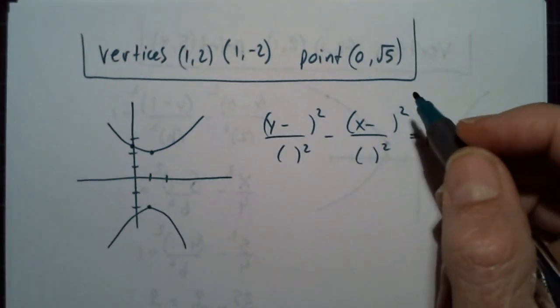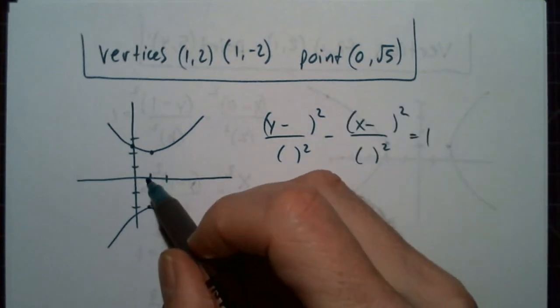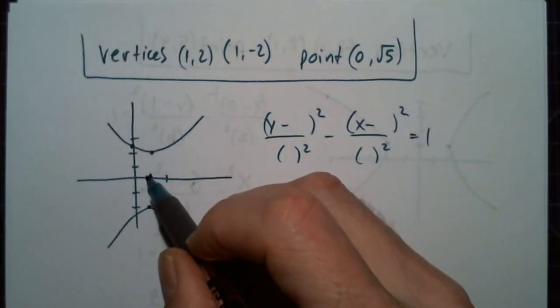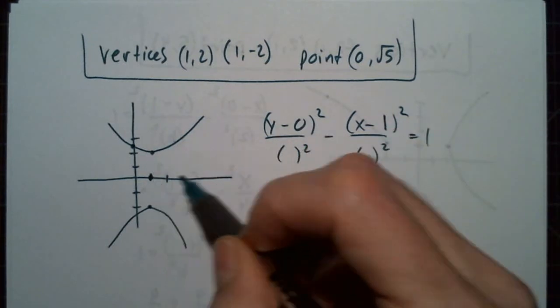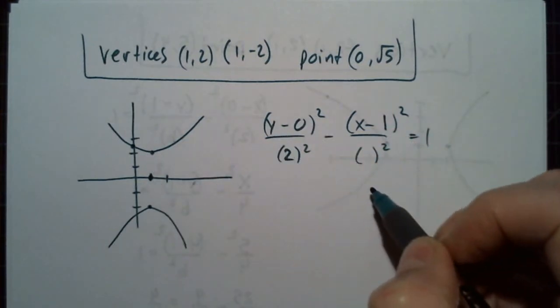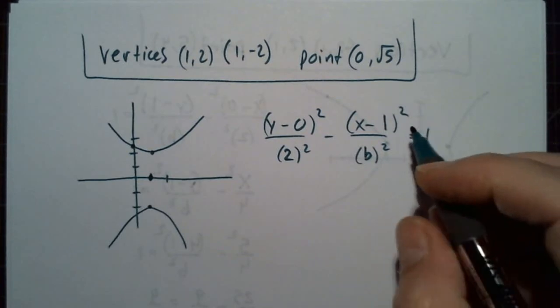And the center is 1, 0. The vertical distance is 2, that's under the y, and we'll solve for b.